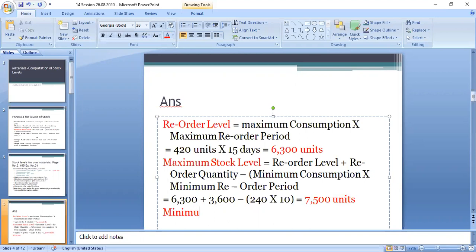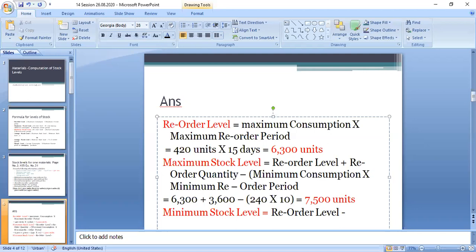Minimum stock level. How to calculate minimum stock level? So that's the formula. You have to remember it while you fill it in. You again have to take the answer of the above reorder level. You need not consider anything else, you have to simply subtract.